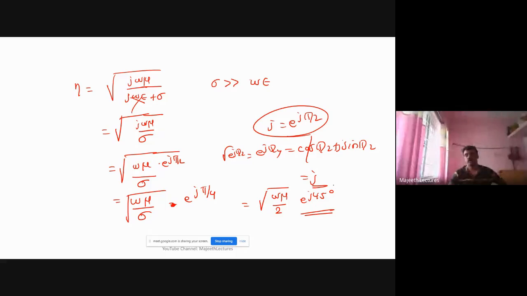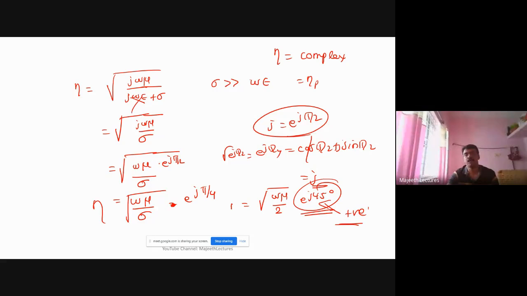You see this is positive and eta is positive. E power j 45 degree is positive. So when it is j, it is complex. E power j 45 is cos 45 plus j sin 45. So eta is complex in nature. So we have eta equal to eta r plus j eta i: real part eta r, imaginary part eta i.